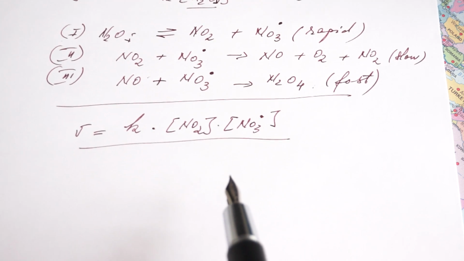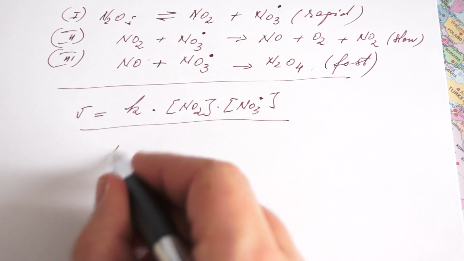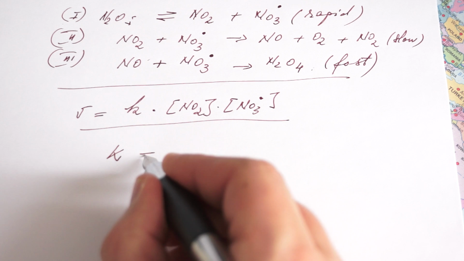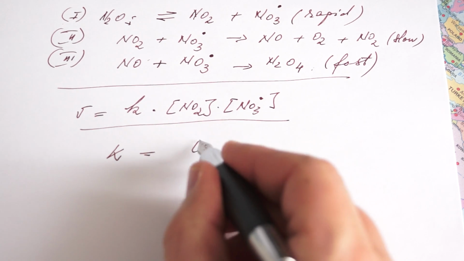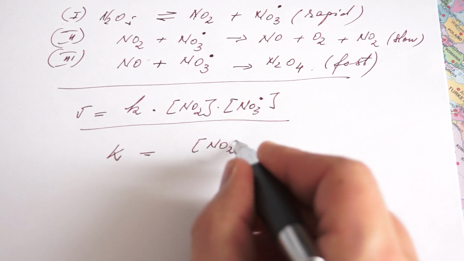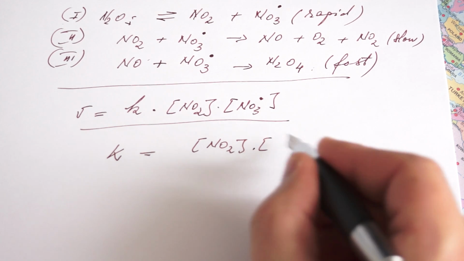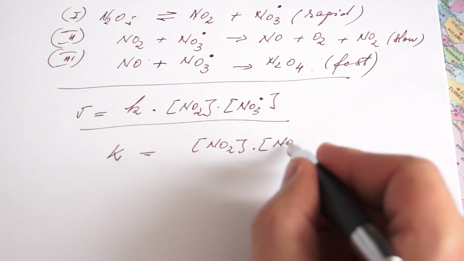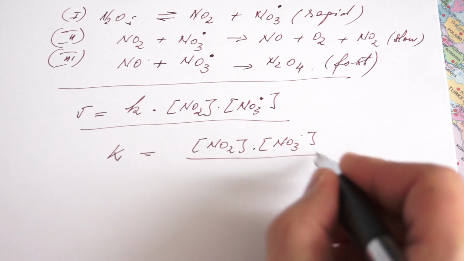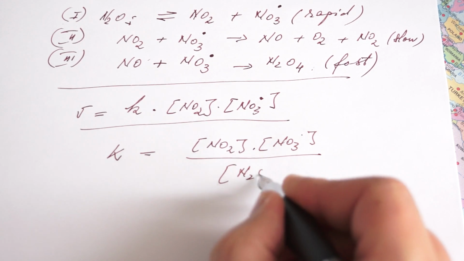So if we write the equilibrium constant for reaction 1, because it's an equilibrium process, we'll have the product of the products, NO2 times NO3, divided by N2O5.